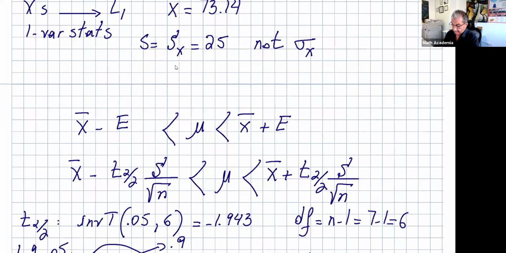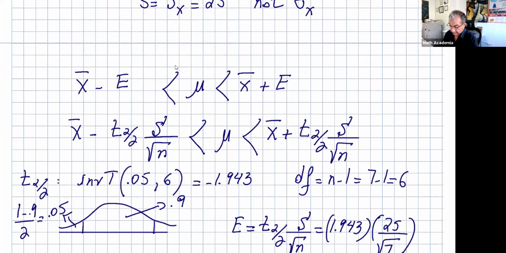So again, I introduce you to the interval. The confidence interval is x bar minus c on one side and x bar plus c on the other side. So x bar minus, we are using t critical value, t sub alpha over 2 times s over square root of n.